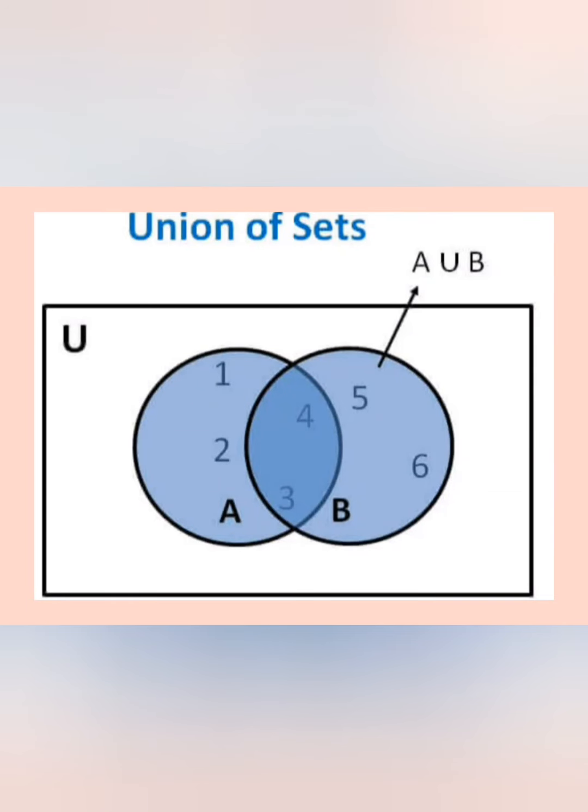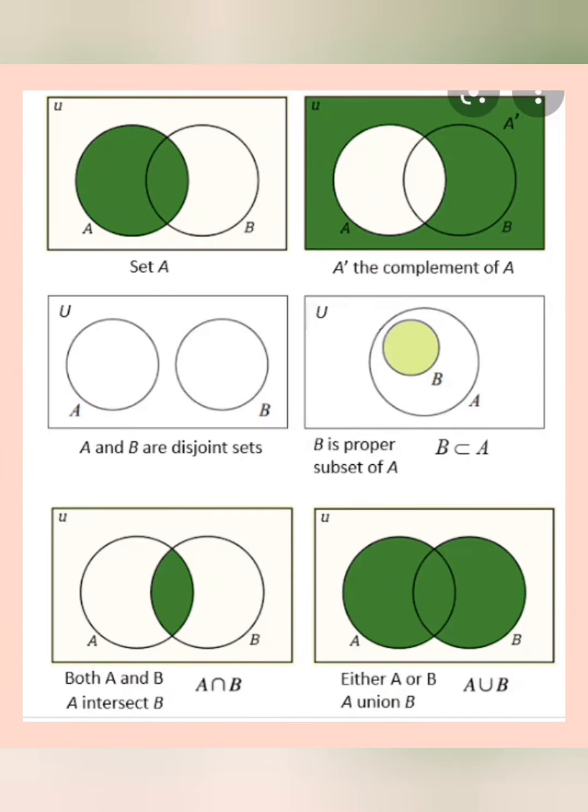Okay. So this diagram represents the union of sets A and B. Two sets A and B are given. After writing the elements inside the sets, if you shade the entire A and B, this represents A union B. Okay.